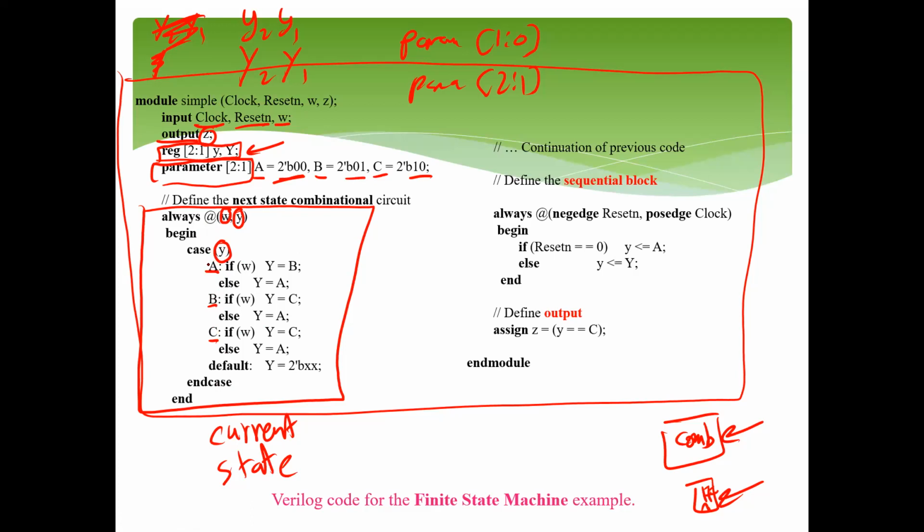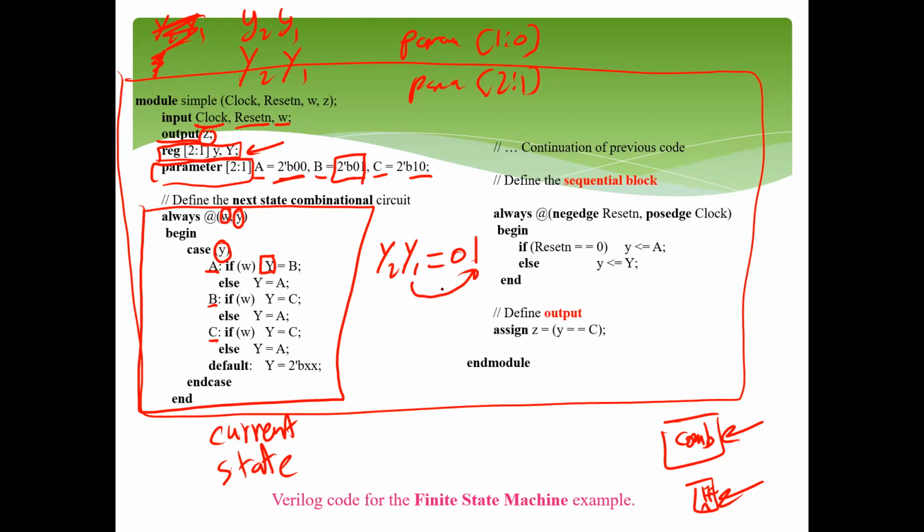So if I'm at state A, I need to check the value of W. If W equals 1, move from state A to state B. That means let the value of Y, which is Y2 Y1, equal B, which we defined here as 0 1.